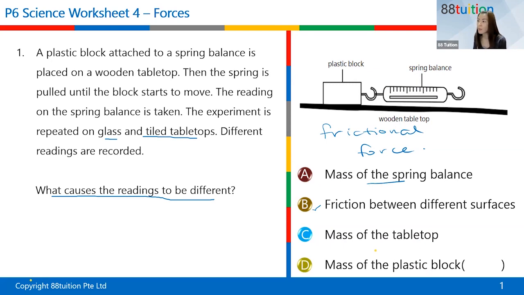The mass of the plastic block will affect in certain ways, but the very direct impact is actually the friction between the surfaces. What are the different surfaces we are talking about?